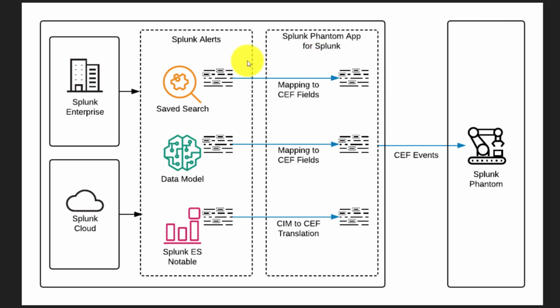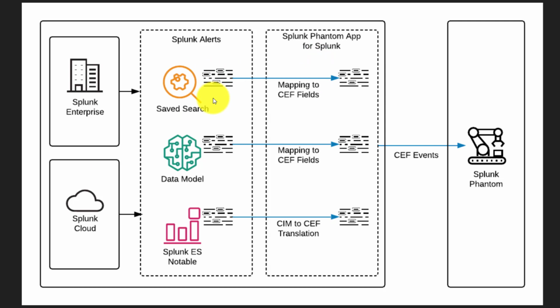There are several ways to send data through this app to Splunk Phantom: saved search extraction or export, data model export, or, if you have Splunk Enterprise Security, you can send the notable events as well.